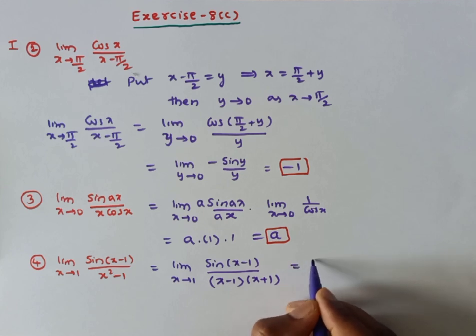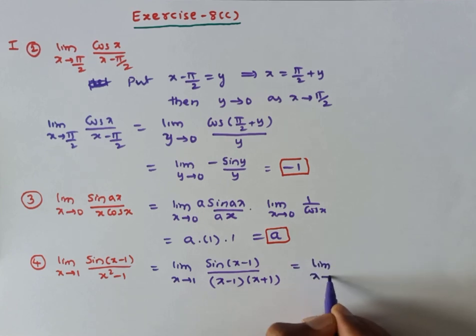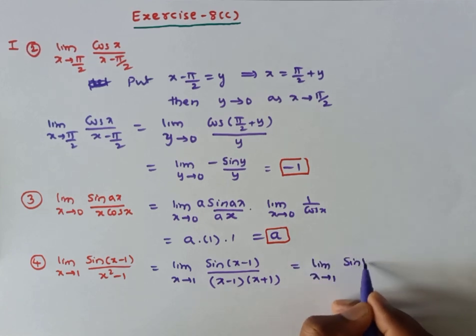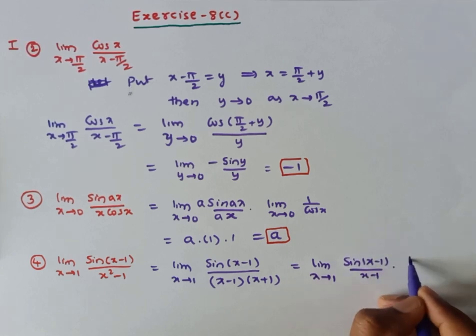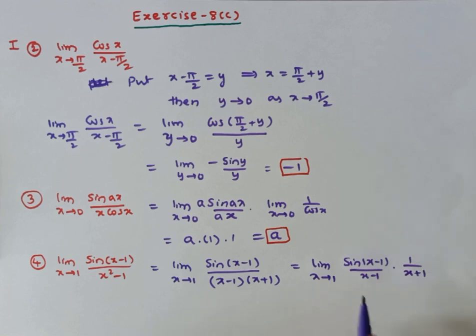Now here we can separate like this: limit x tends to 1, sine of x minus 1 by x minus 1 into 1 by x plus 1. Up to here, as x goes to 1, x minus 1 goes to 0, so it is converted to sin theta by theta form. So limit x tends to 1 of sin theta by theta is directly 1 into, limit x tends to 1, 1 by x plus 1, means 1 by 1 plus 1.